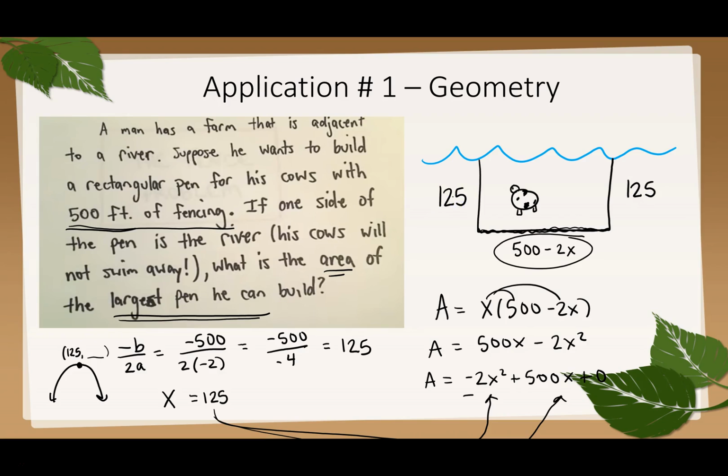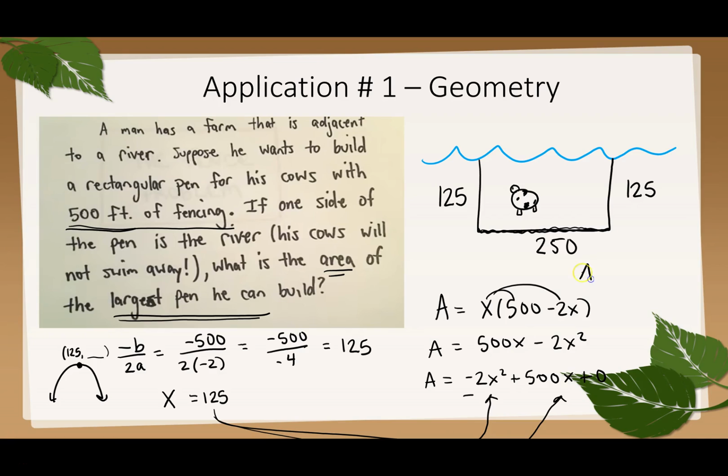What's 500 minus 2 times 125? Well, what is 2 times 125? That's 250. What's 500 minus 250? That is 250.